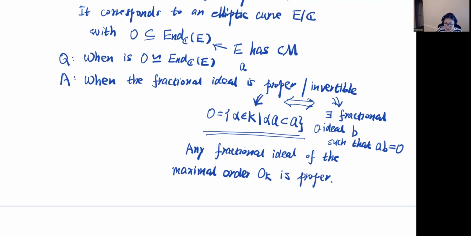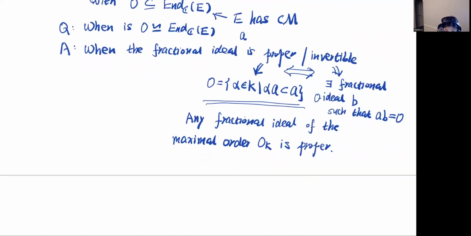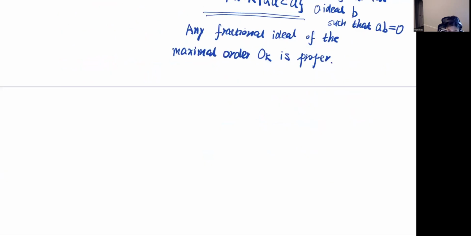Great. So then how many such elliptic curves are there? How many isomorphism classes of elliptic curves satisfy the property that the endomorphism ring is isomorphic to this given O? Next, we'll prove that all CM curves arise from fractional ideals.